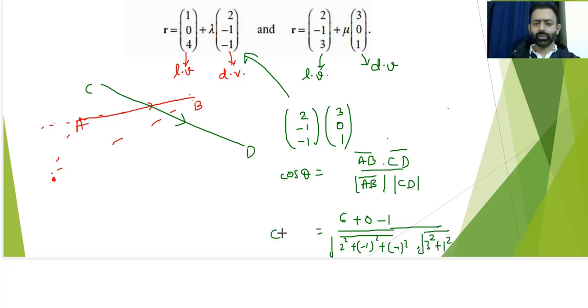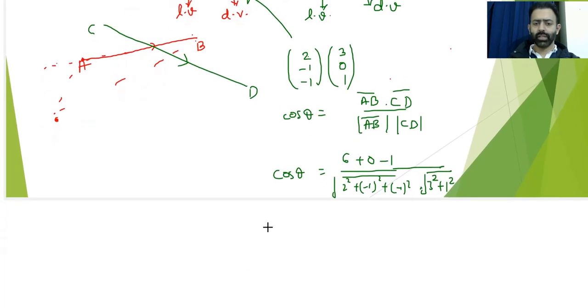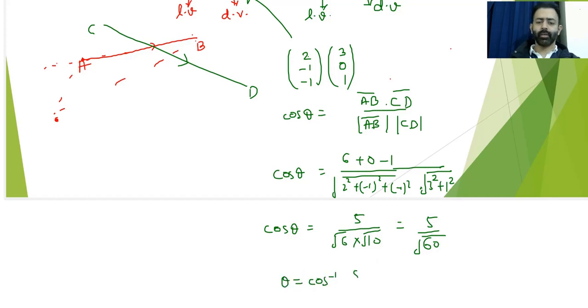So this is your cos theta. Cos theta is 7 over root 6 into root 10, since 4 plus 1 plus 1 is 6 and 9 plus 1 is 10. So this you can write as 7 by root 60. So theta will be cos inverse of 7 over root 60, whatever is the value.